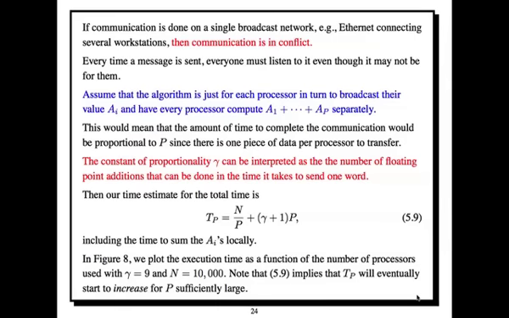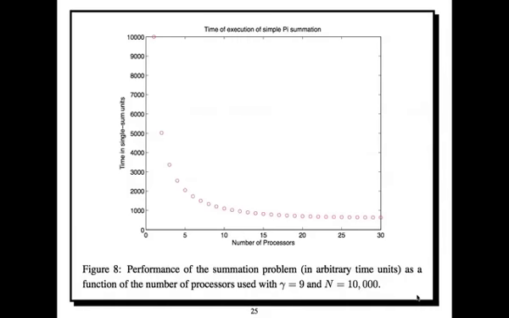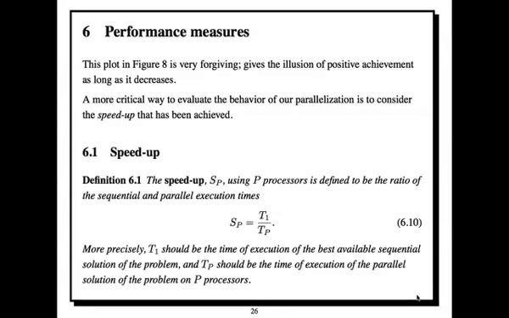Okay, so that's the model, and here's what execution would look like for a synthetic problem where I've just summed up a bunch of numbers with these coefficients chosen. So execution time goes down. Okay, so that looks good. It looks like we're winning, and that's a reasonable thing to do, to present your data that way.